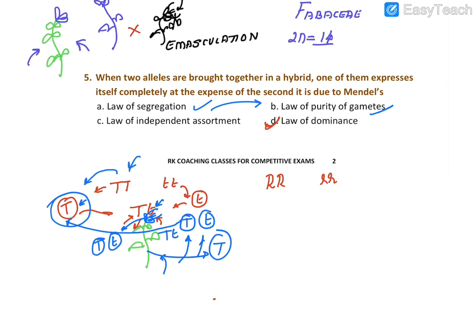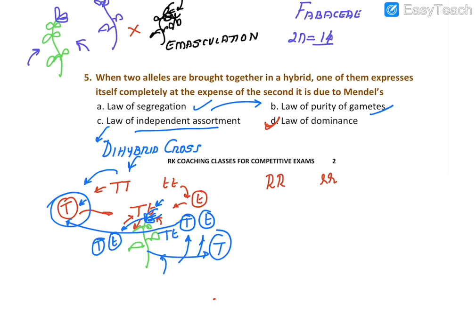Then law of independent assortment. I've already discussed that. One pair of factors segregates without depending on another pair of factors, that we call law of independent assortment. Law of independent assortment is based on dihybrid cross.